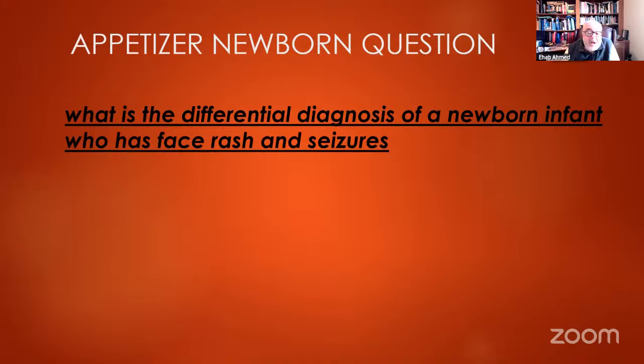But theoretically, it can cause ecchymosis, yes. Clotting factor deficiency, how can they present with a rash? There is no known rash. It's bleeding tendency from anywhere, but I don't think they cause a rash.